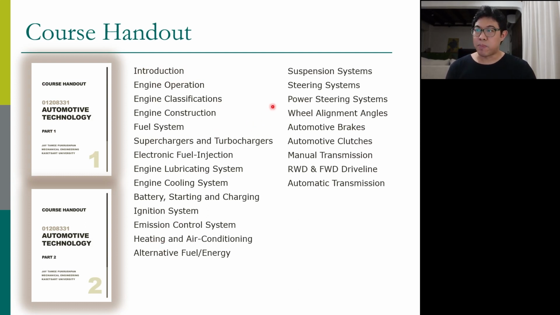The second part is anything other than engines, most of them under the car, like the suspension system, steering system, brake, and transmission system. Basically, the power transmission system transmits power from the engine to the drive wheels.